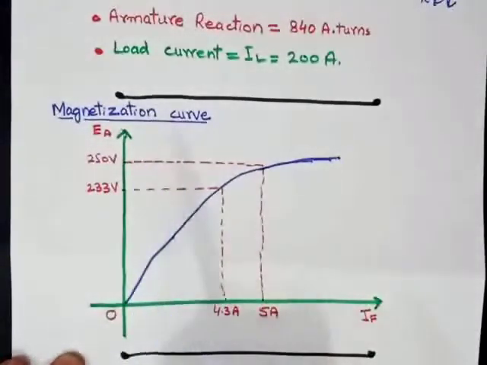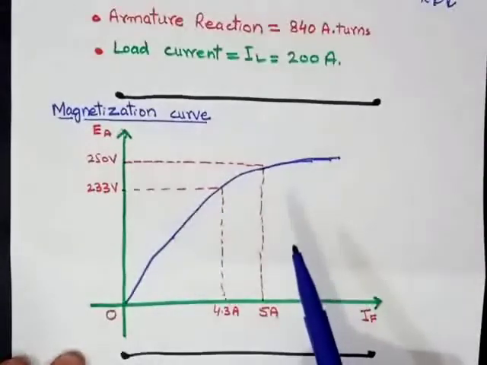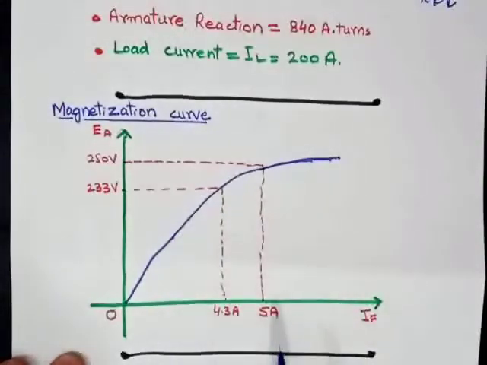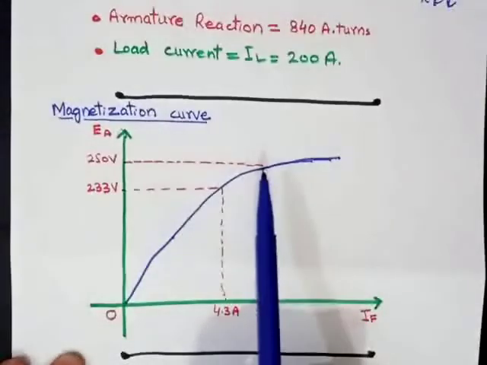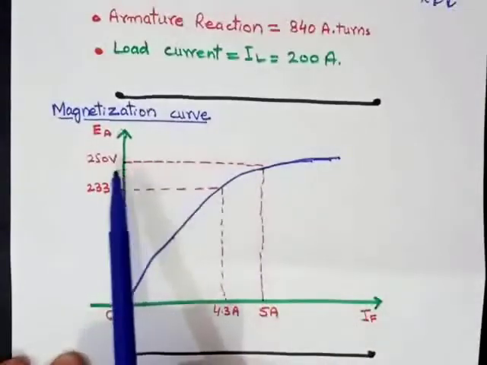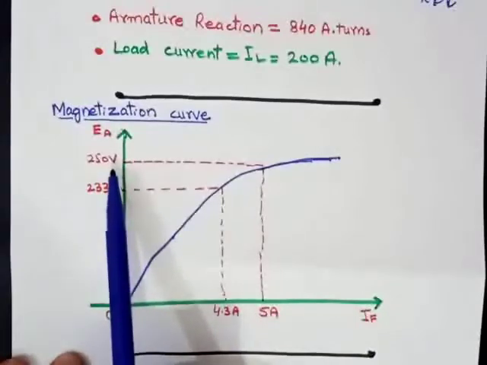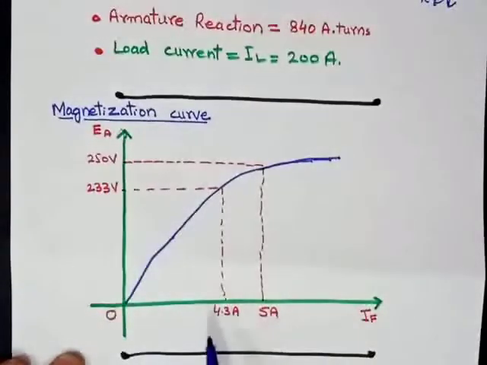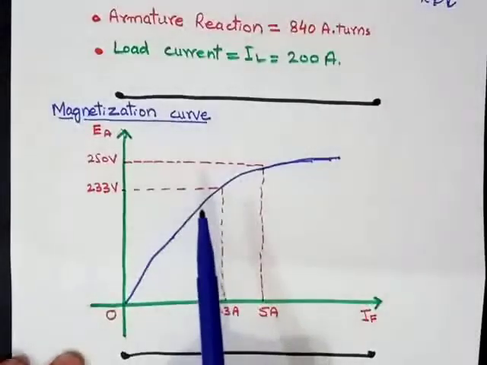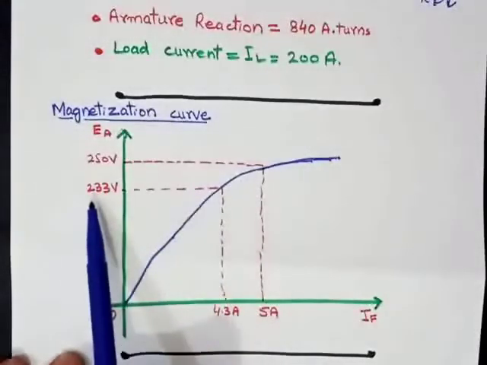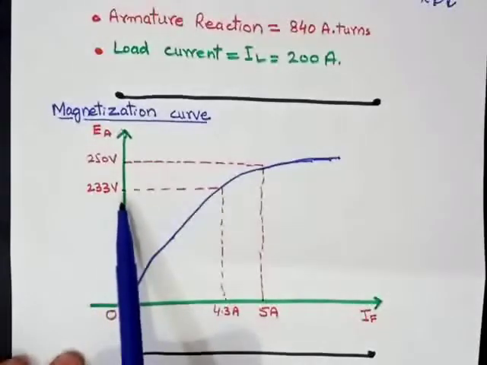This curve is also given in numerical number 2. When the field current IF is equal to 5 ampere, the internal generated voltage is 250 volt. And when the field current is equal to 4.3 ampere, the internal generated voltage is equal to 233 volt.